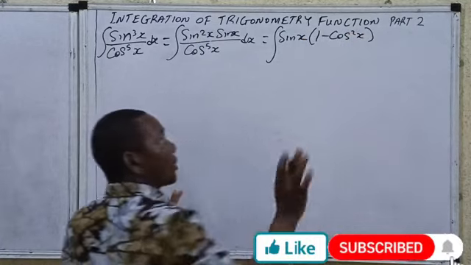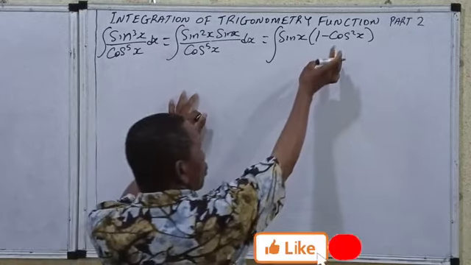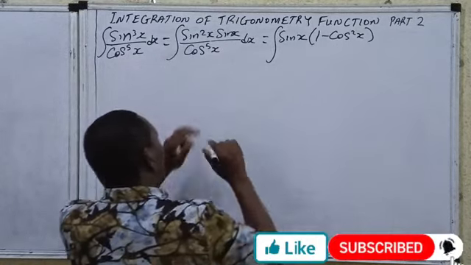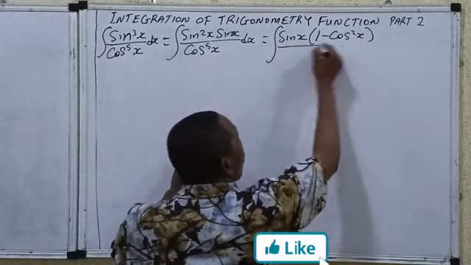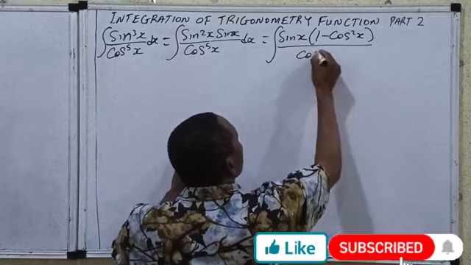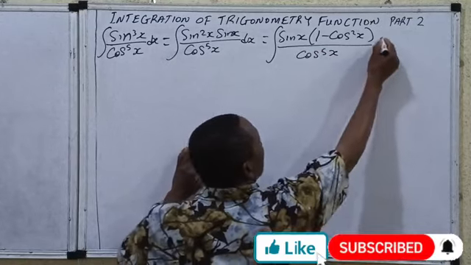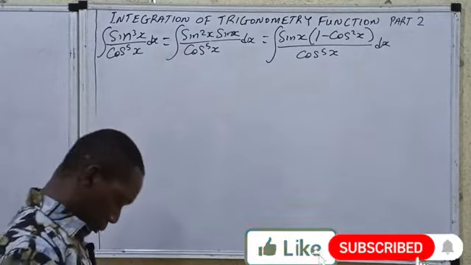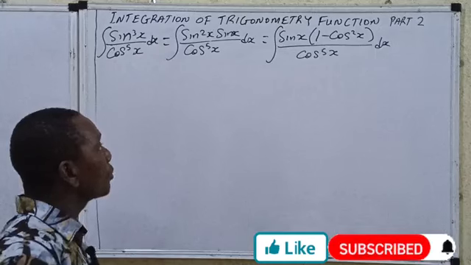So I have actually put something that is similar to the denominator in the numerator, all over cos raised to power 5x dx.